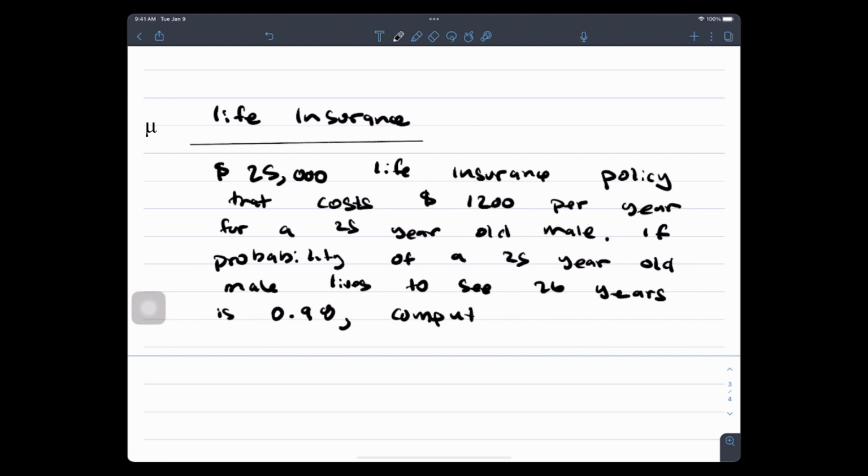Compute the expected value. So this is how this works, ladies and gentlemen.